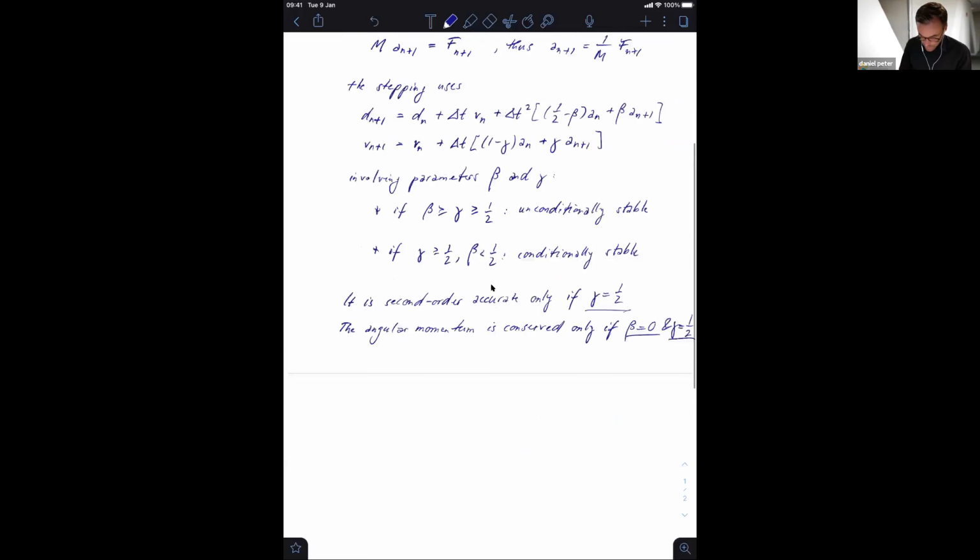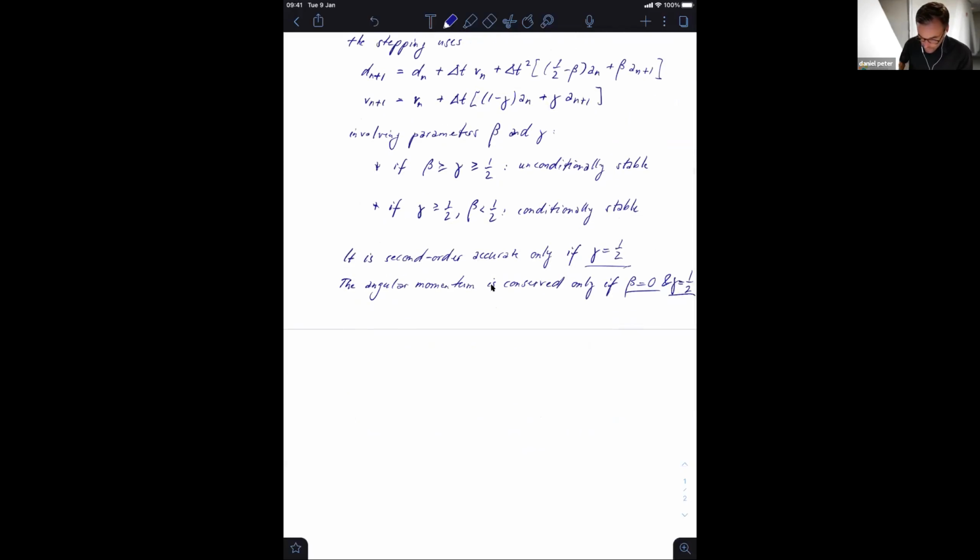So you see, if we want it to be conserved, which for the wave equation we very much want, then that's giving us what the choice should be for beta and gamma. And you also see that the choice for gamma means that the scheme also is second order accurate. So it's conserving angular momentum plus it's second order accurate for that choice.